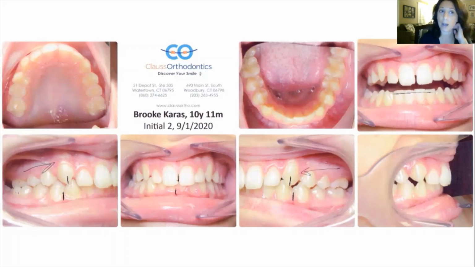If you look at her upper arch, she's kind of gotten that nice U shape, but we just have to kick out that molar right there. And so we're going to go with an elastic on that side for now. So we'll see what happens. But her treatment looks like it's going to run about 24 months. And she's getting them on next Wednesday and not happy.